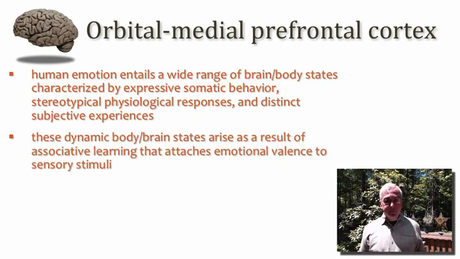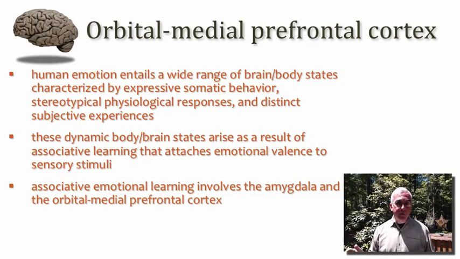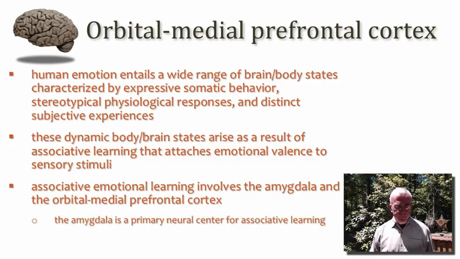These dynamic states of body and brain are likely to arise as a result of an associative learning process that attaches emotional valence to sensory stimuli. Associative emotional learning involves two key centers in the forebrain: the amygdala in the anterior medial temporal lobe and the orbital and medial sector of the prefrontal cortex.